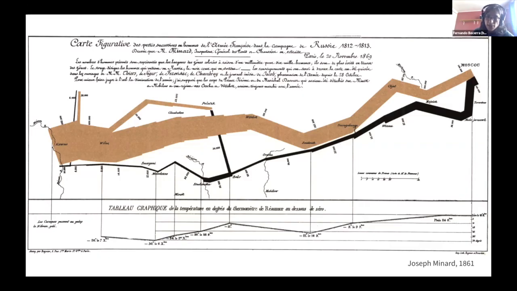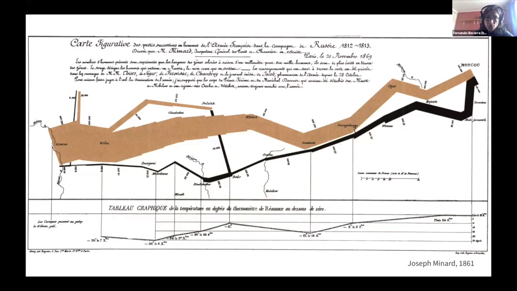And as they go back, the winter hits, you can see the temperature here. The temperature starts decreasing, it's getting colder and colder, more people are dying, and finally they arrive with only 10,000 people back to France. It's also interesting to see that as they go back, it was pretty cold back then, so some people decided to cross the river, some people decided not to cross the river, go back and take an alternative route, and you see that 6,000 of those people joined the original army back in France.